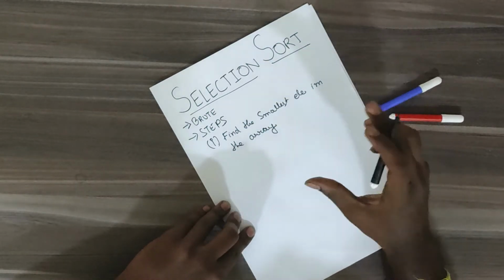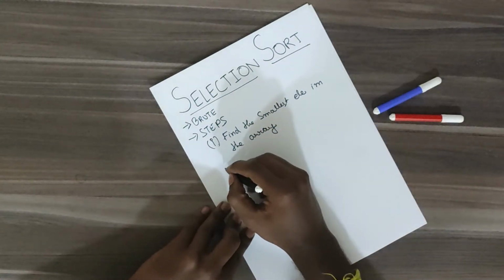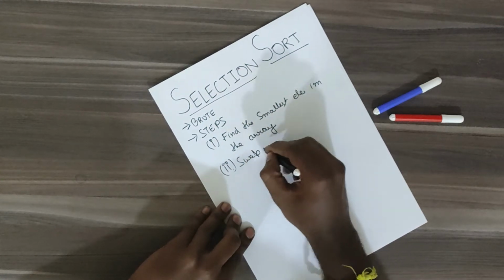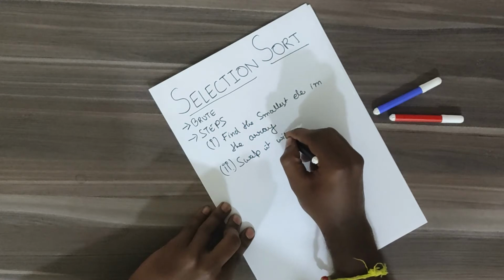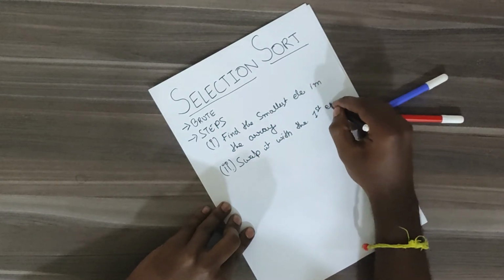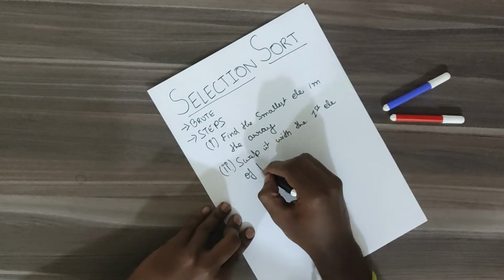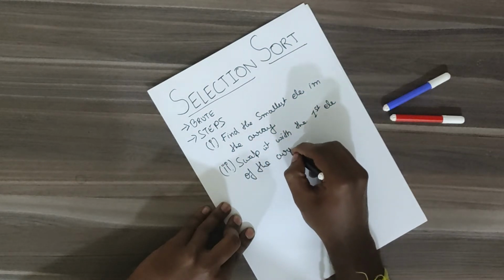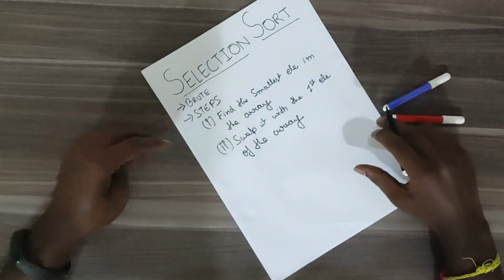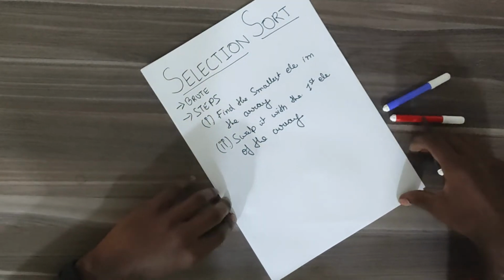First we have to find the smallest element which is present in the array, and the second step is to swap it with the first element of the array. So the entire algorithm works on these two principles itself.